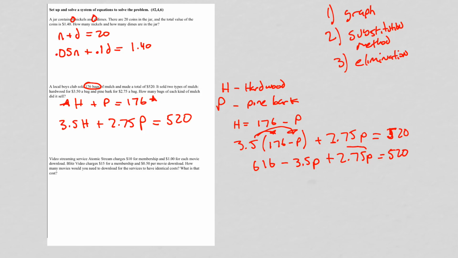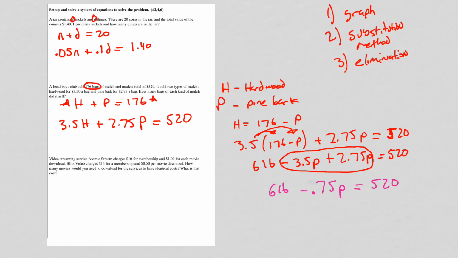So let's see. These are like terms. Negative 3.5 and a positive 2.75 is going to be equal to a negative 0.75. So you have 616 minus 0.75P is still equal to 520.